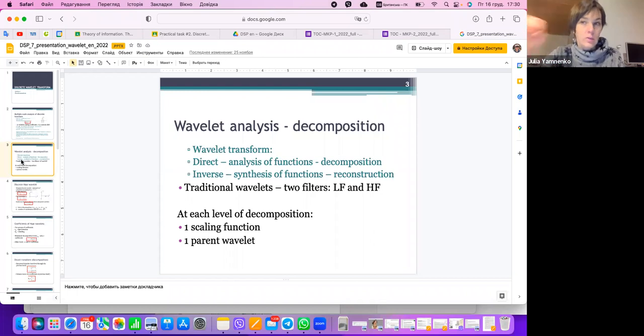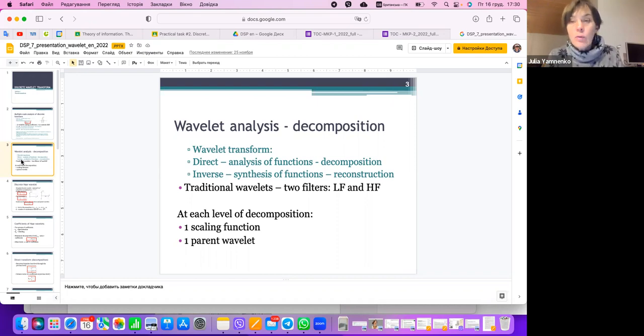As a result, in the case of Fourier or other spectral methods, we obtain a spectrum. And also we can return back from the known spectrum to calculate the original function, so to return back our original signal.